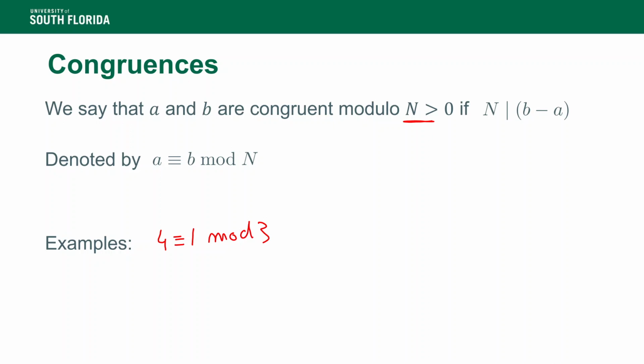You can also have a negative number. For example, minus 2 is also congruent to 1 mod 3. This is not to be confused, of course, with the value a mod n, which represents the remainder of the integer division of a by n.